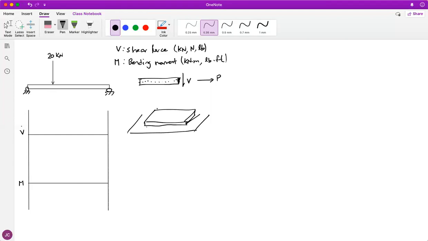This block is glued to this surface, a table, a stool, whatever you want to say. And somehow you want to rip it apart by doing this. So what you're trying to do is produce a shear force on the surface below the block. You're trying to rip it apart.